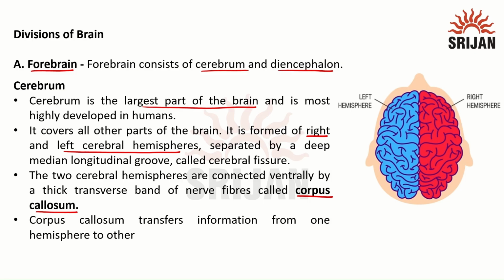The separation is so evident because of the deep median longitudinal groove known as the cerebral fissure. So, in the center, you will be able to see the cerebral fissure, and they are connected ventrally by the corpus callosum, which is a thick transverse band of nerve fibers. The corpus callosum helps in transferring the information between left and right hemispheres of the cerebrum.